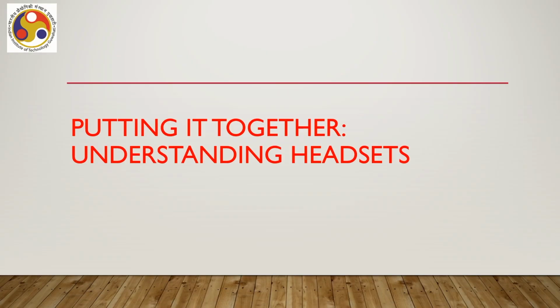So, let us put together whatever we have learned so far and try to understand how the headsets work. That is the most prevalent and easily associated form of display that we think of when thinking of immersive experience.